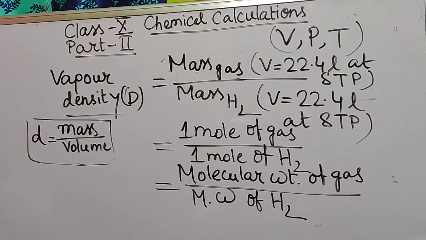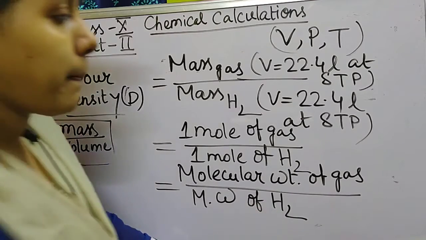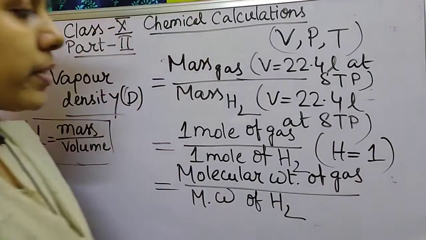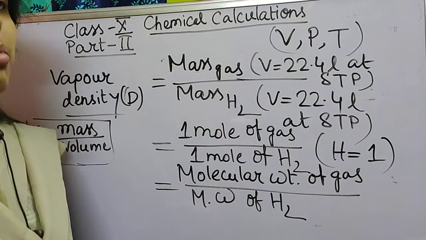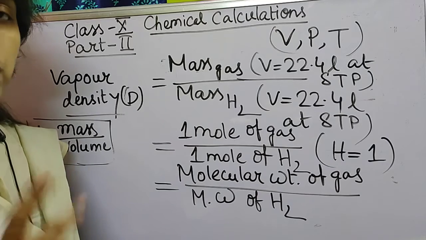Now what is the molecular weight of hydrogen? Atomic mass of hydrogen is 1, right? And in 1 molecule of hydrogen, or in 1 mole of hydrogen, how many atoms of hydrogen are present? 2 atoms.